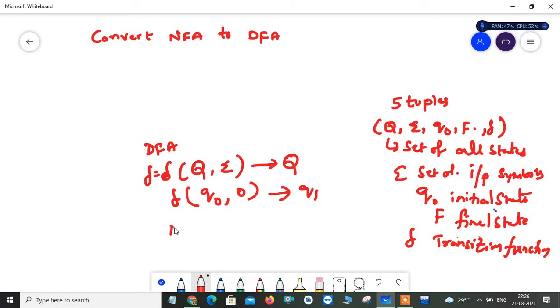Whereas in your NFA, the transition function takes a state from Q and an input symbol from sigma, and you can move to more than one state.